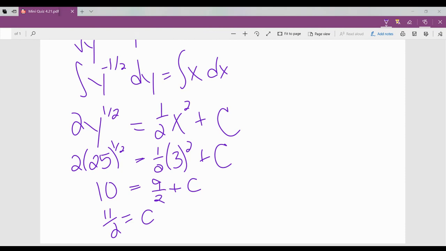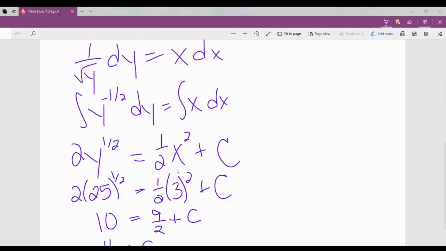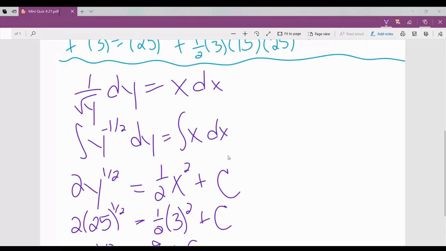Okay, so now we fill that in to the c right here, because that's the equation that I plugged into. So I'm going to plug in for c right here. So I'm going to bring that up to this side.